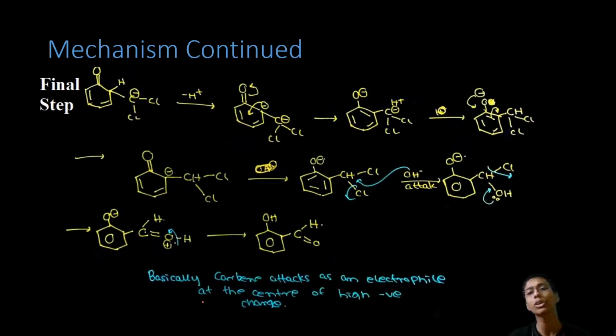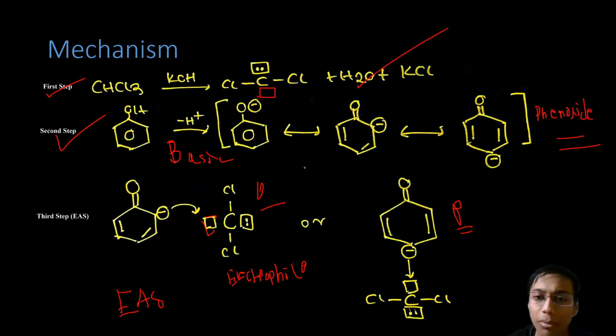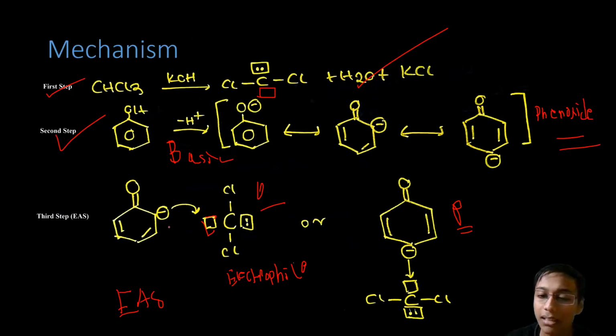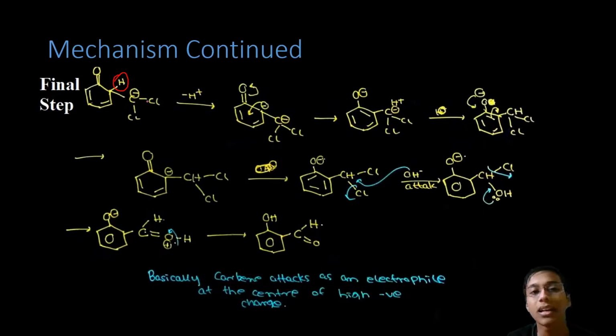Okay. Now let us continue the mechanism. This is a bit complicated. Now see, first of all, H plus is lost from here, right? This step is cleared, and after this H plus is lost here.